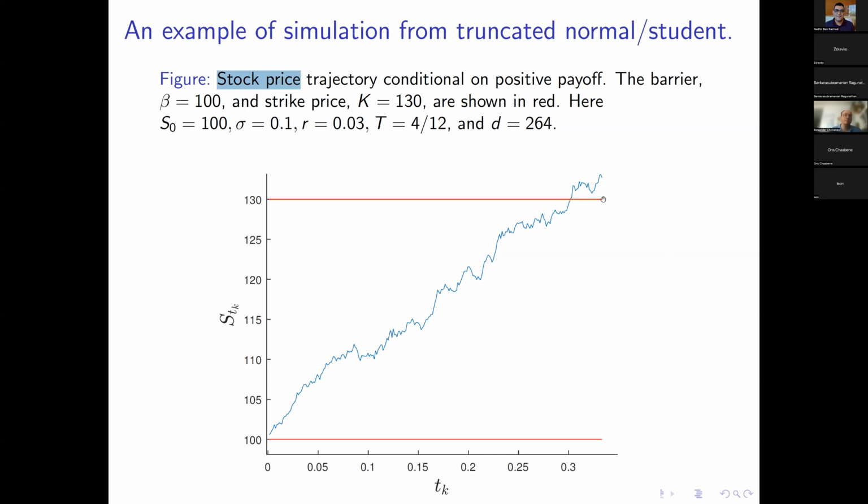You know, what's the probability that the Dow Jones on the US stock exchange is going to hit 100 within the next 12 months and go back to 40,000? That would be a very small probability. Whatever model you use, it should be an extremely small probability. That would be unthinkable. But the point is that we can simulate the trajectory of a stock price model under a Black-Scholes model. We can simulate this exactly.